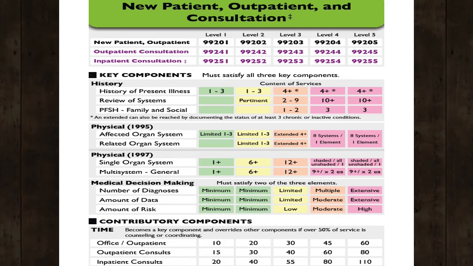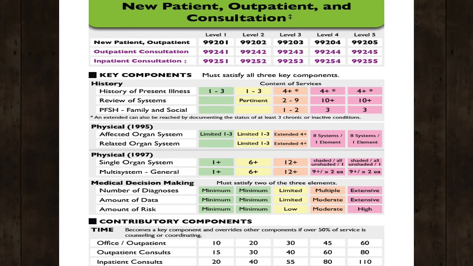Extended is 4 or more elements in the affected and 4 or more in related. Could be in more than one system, as long as you have 4 bullet points outside the affected organ system. And for the complete, you have 8 organ systems, 1 element in each one.